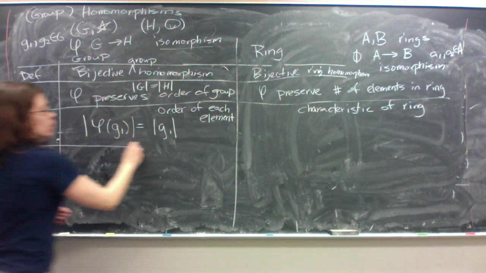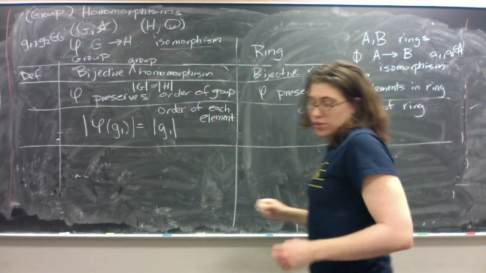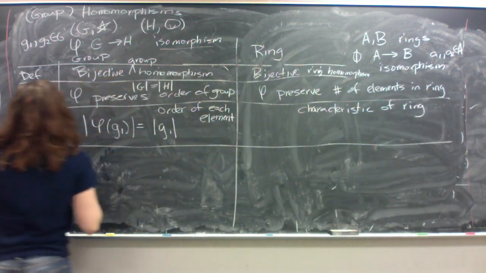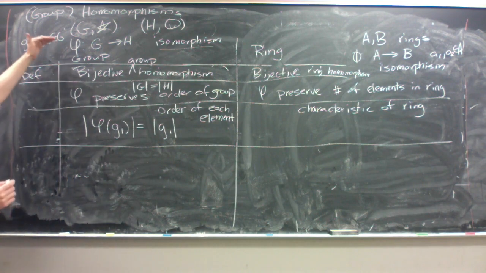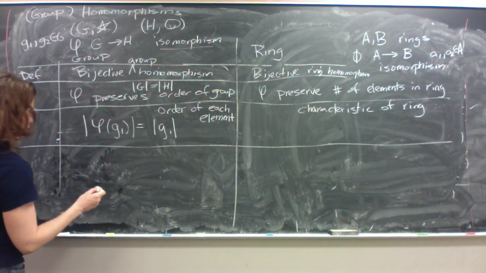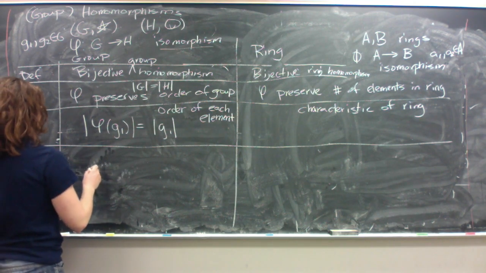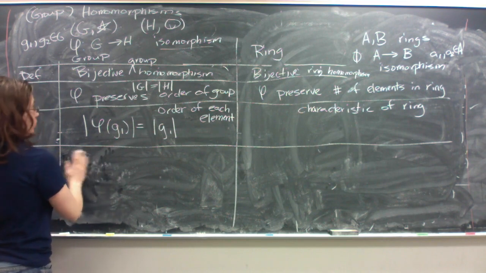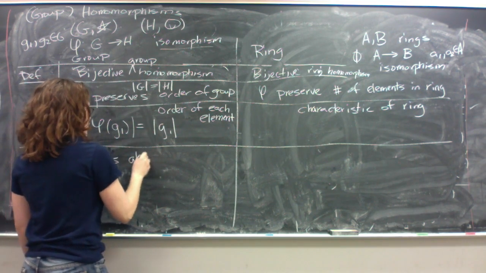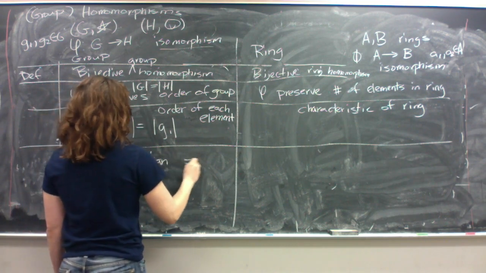Okay. It's also the case that a group isomorphism will preserve abelianness of the group. So what that means is that if phi is an isomorphism, which I'm assuming it is, then G is abelian if and only if H is abelian.